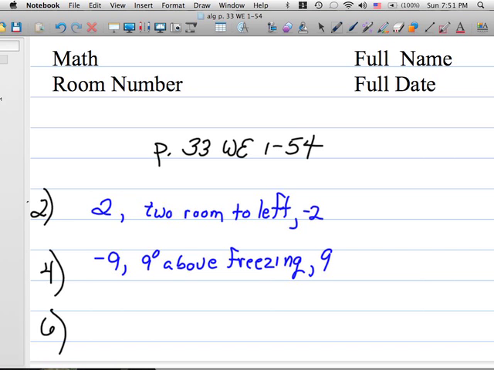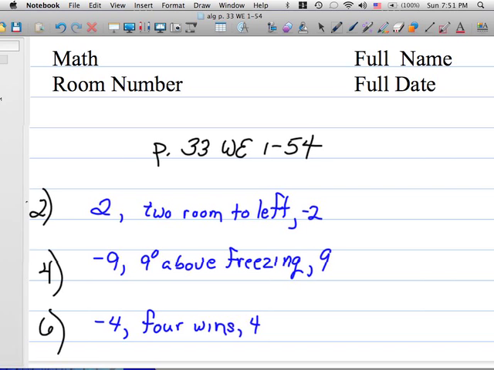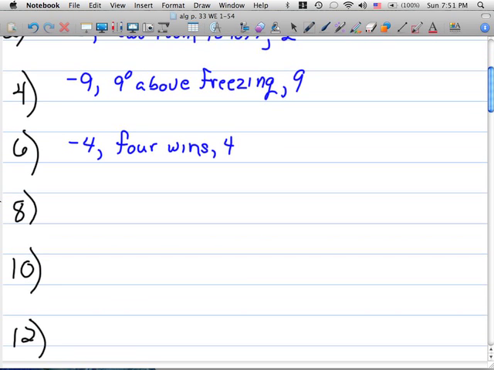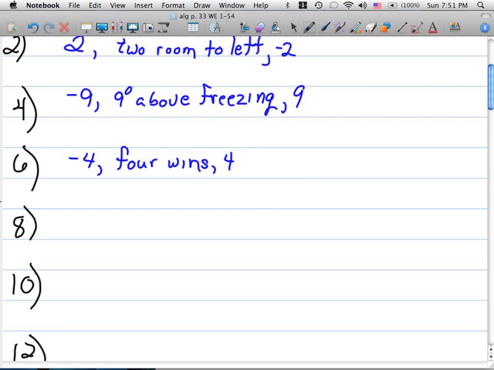Number 6, 4 losses. Losses are a negative amount, so that would be negative 4. The opposite of 4 losses would be 4 wins, which would be positive 4. Number 8, a latitude of 41 degrees north.